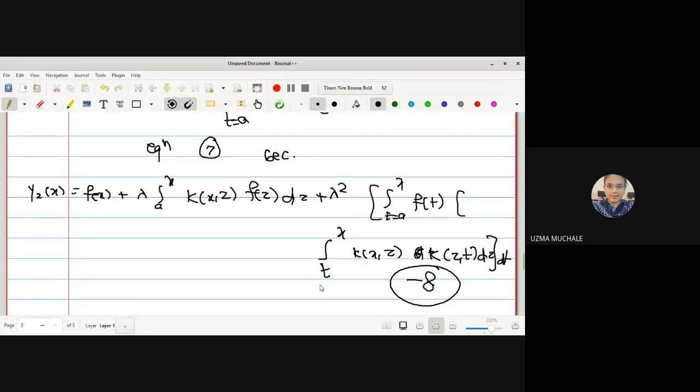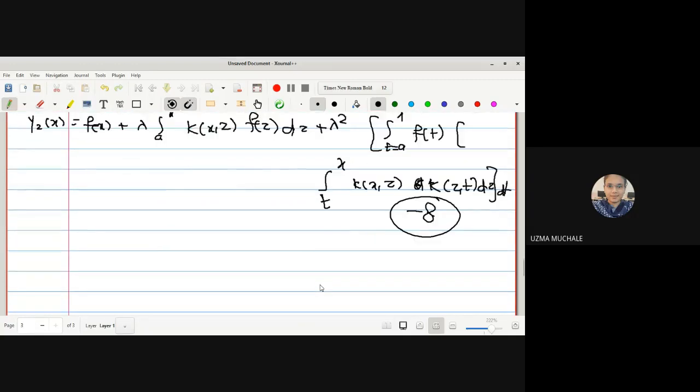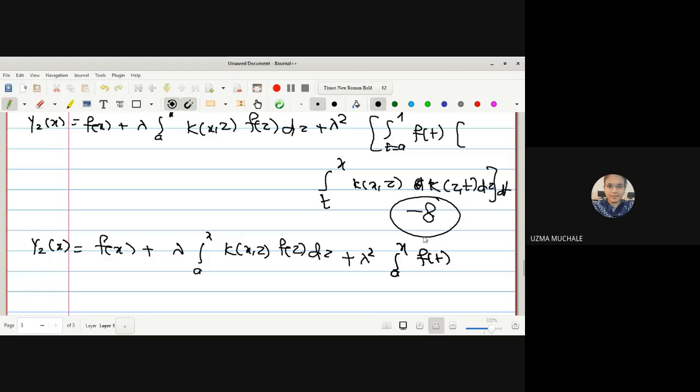So using the formula for iterated kernel, after putting n equal to 2, this whole equation we can write as y2 of x is equal to f of x plus lambda integration a to x k of xz f of z dz plus lambda square integration a to x f of t, the value of this whole bracket we have found is nothing but your k2 of xt, dt as it is. Okay. Now replacing z by t.